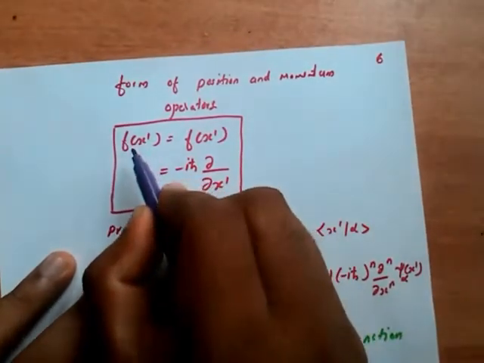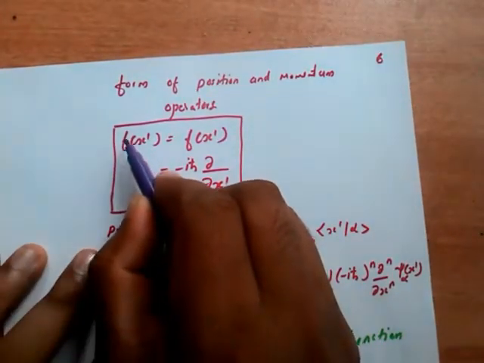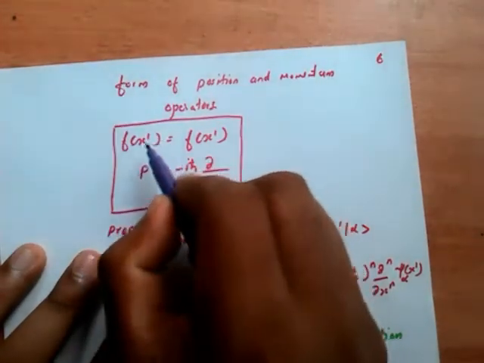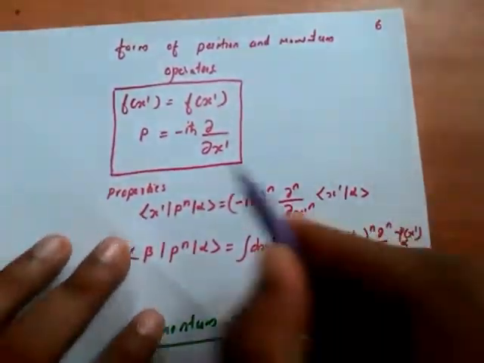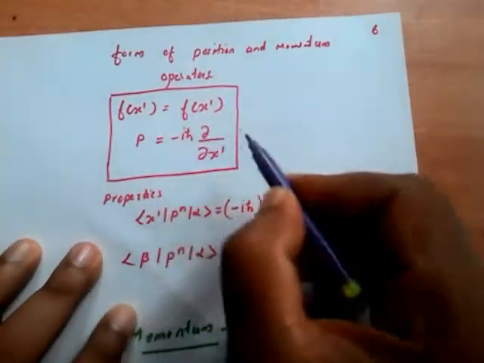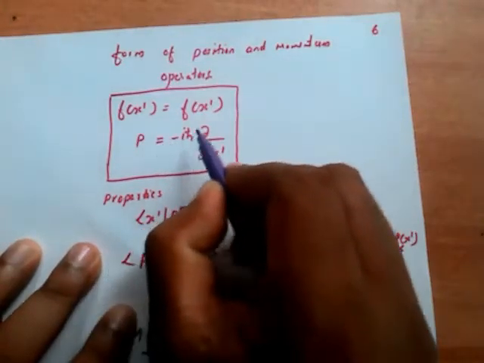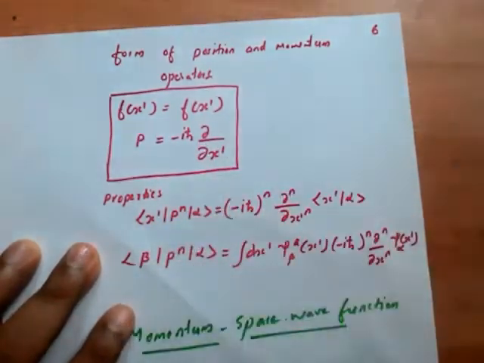That is, the position operator in position basis is in the form of f of x dash equal to f of x dash itself, and the momentum operator in position basis is in the form of minus i h cross dou by dou x dash.